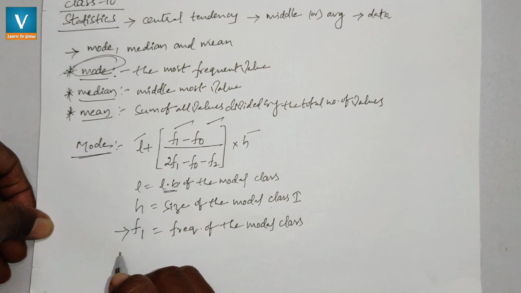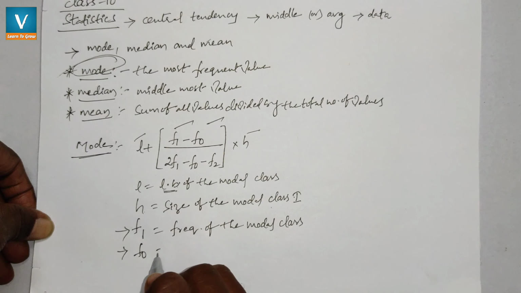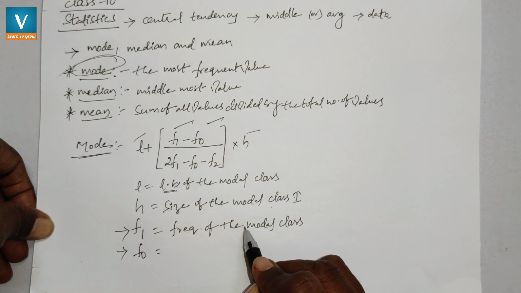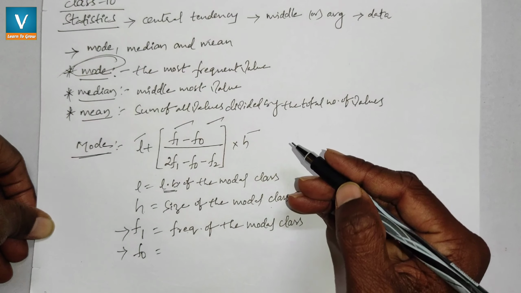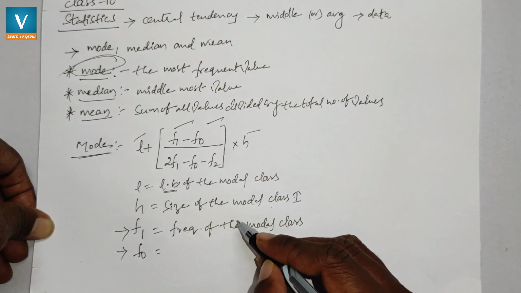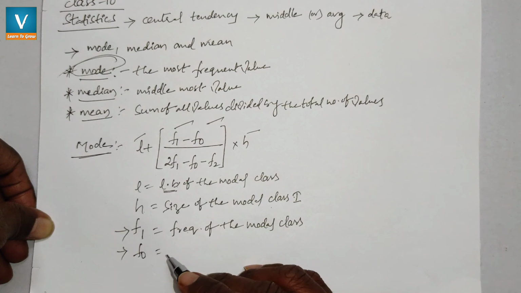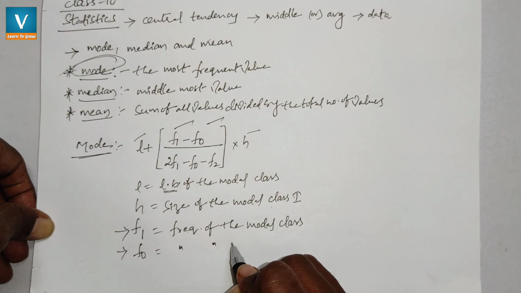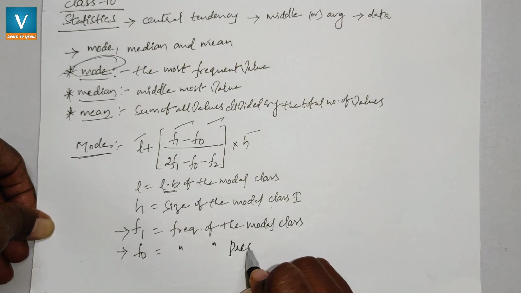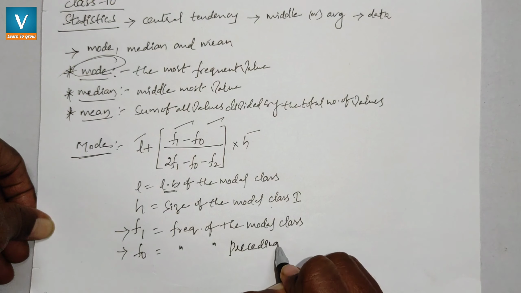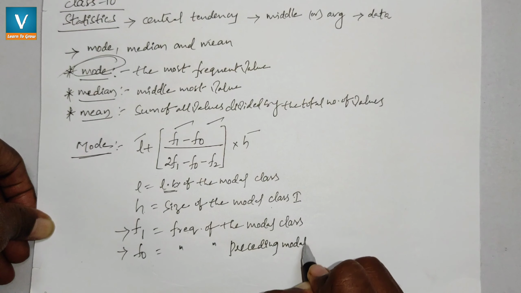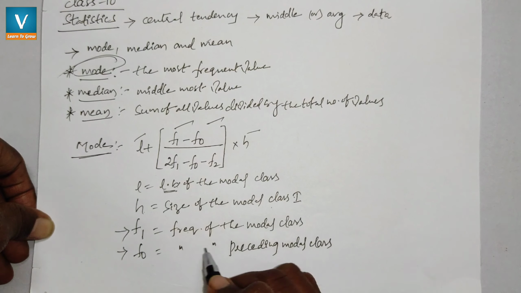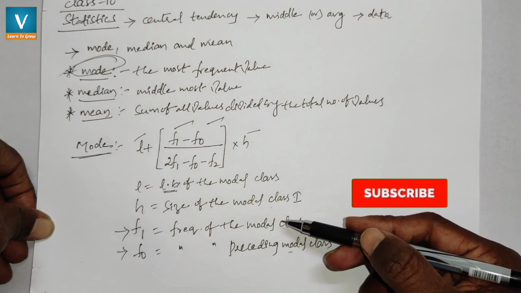Then F0. F0 indicates the frequency of the class preceding the modal class, the frequency just before the highest frequency.